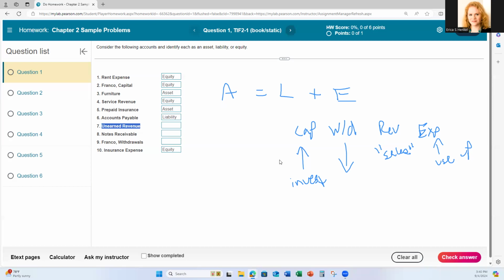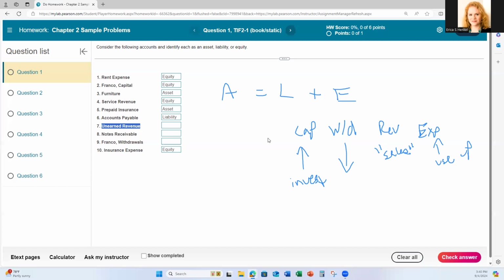On the other hand, if we flip that the other direction, if somebody pays us for sales of services or products that we have not yet delivered on, we have not created that value yet. So what that means is that somebody's paying us in advance for something and we owe them delivery or performance on that revenue.